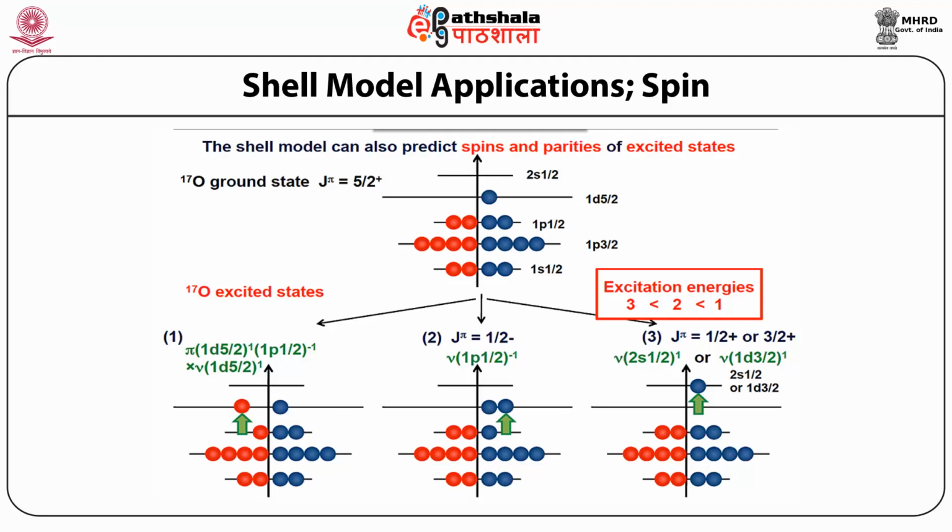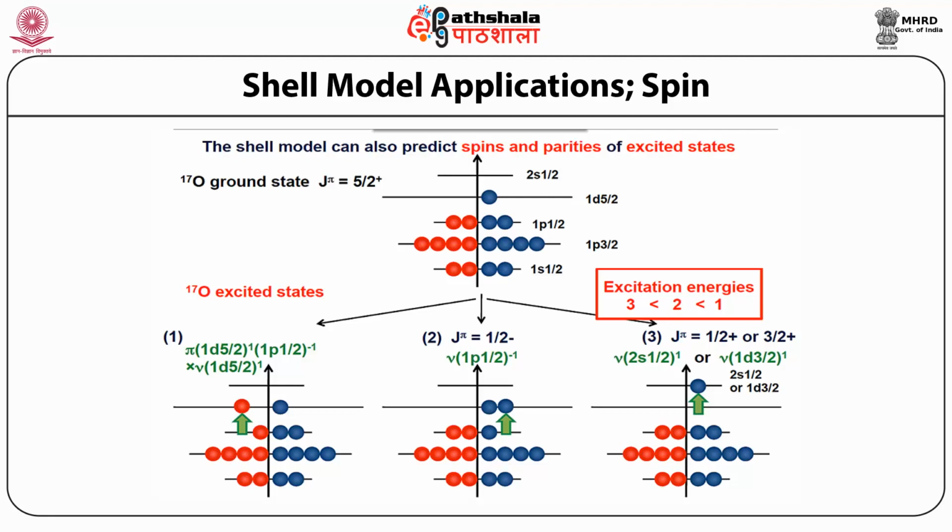Another scenario is one neutron from the filled 1p1/2 orbital is excited to the 1d5/2 orbital. So, now in this case the two neutrons in the d5/2 orbital will be coupled, but there is a hole in the p1/2 orbital on the neutron side.